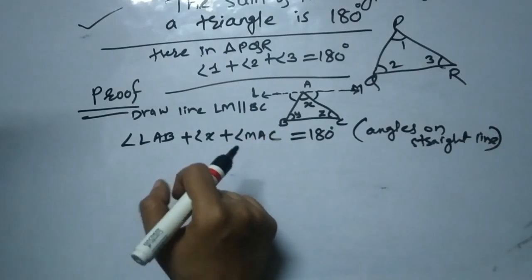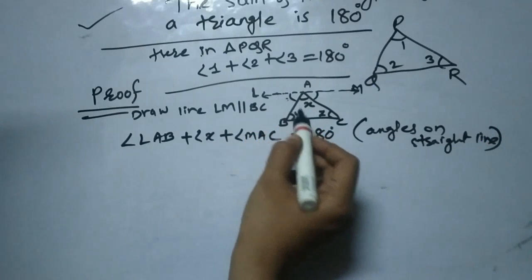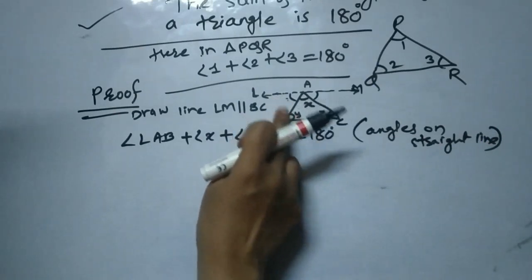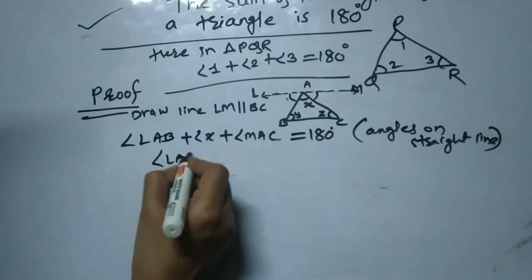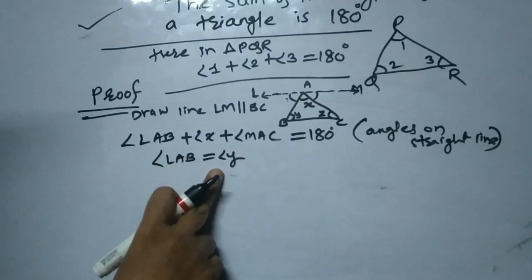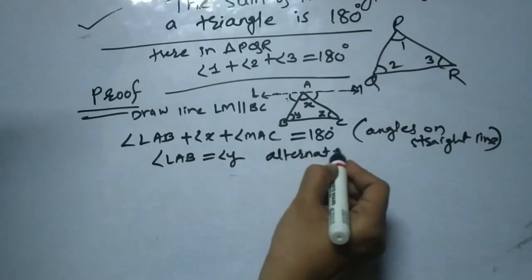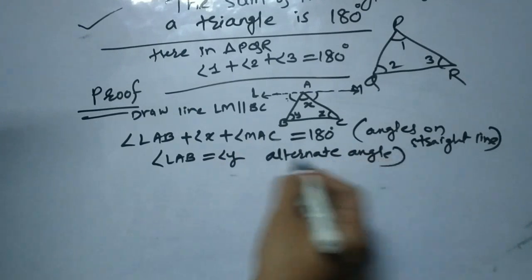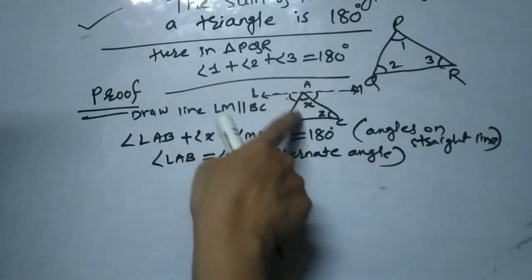So friends, we know that LAB is Y. Why? Because of the alternate angle property. Alternate angles are there; this LAB is equal to this Y. It is forming a structure like this.